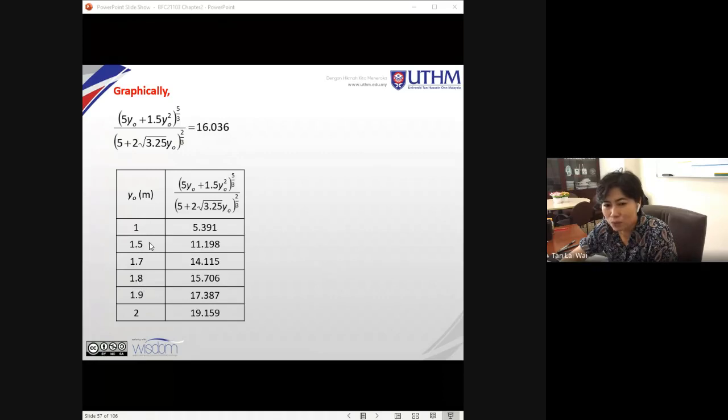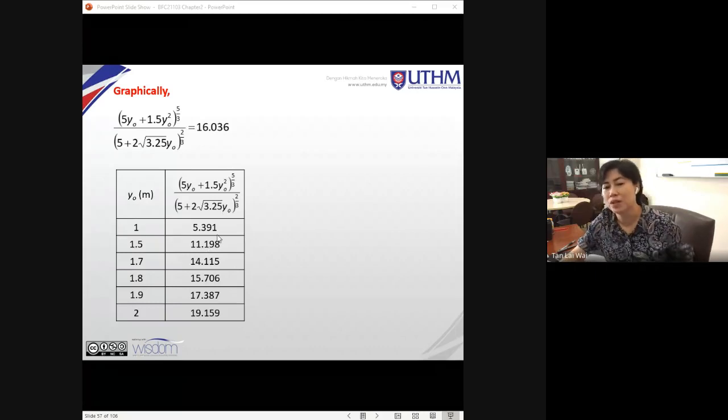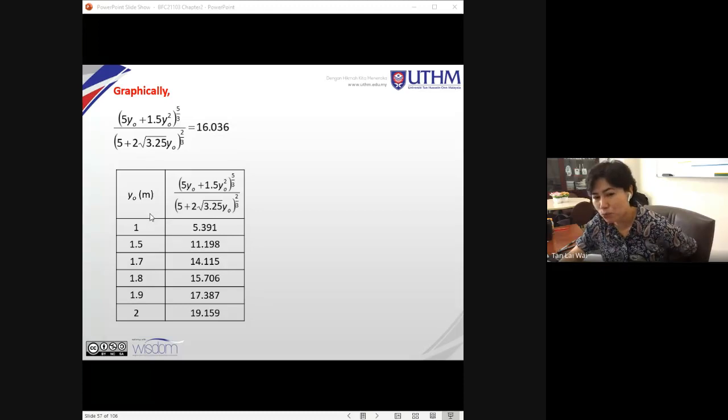You could have 1.72, because 16.036 is within the 1 to 2 range. You could have any 3 points between 1 to 2. If you give me 3 points, 1.5, 1.7, you actually won't get the answer because the 16.036 is actually outside this range between 1 to 1.7.